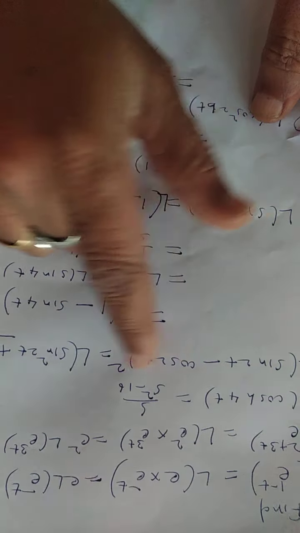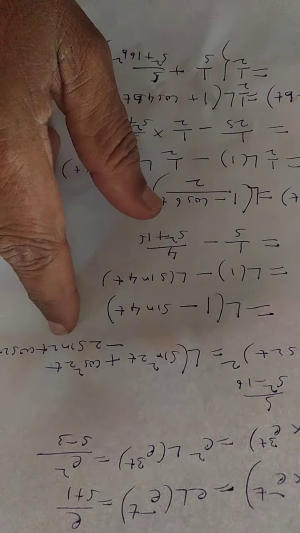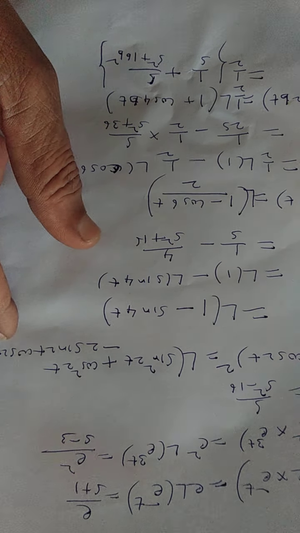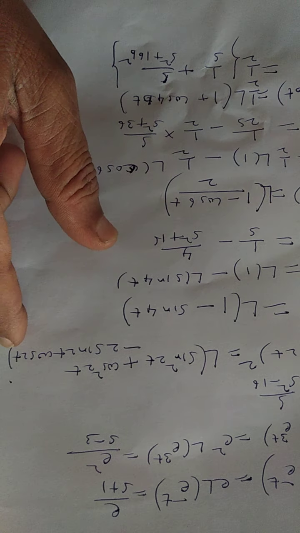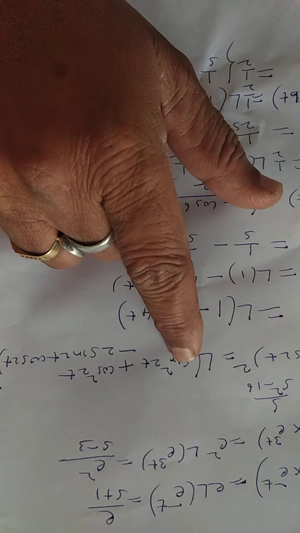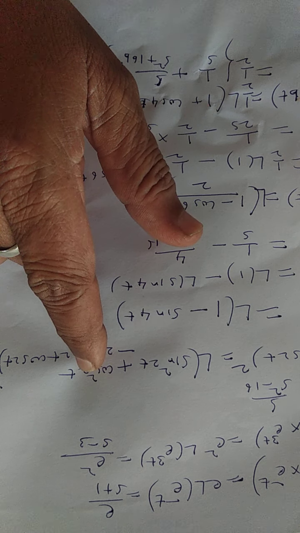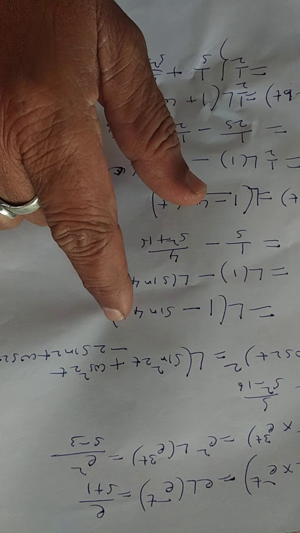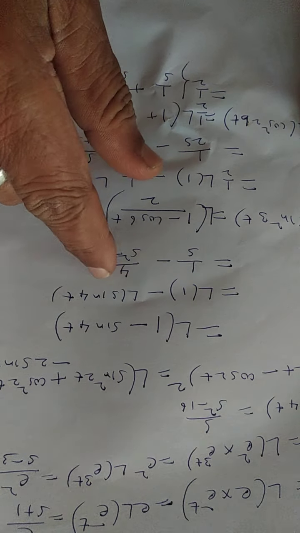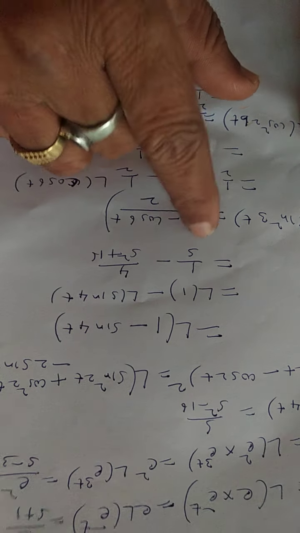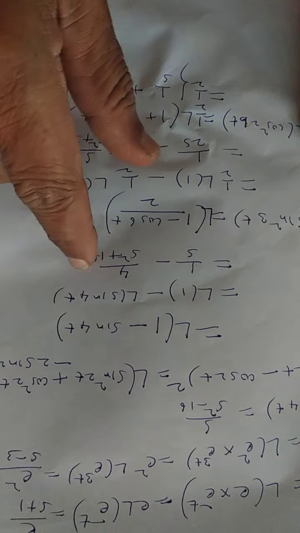Just square this. Sine square 2t plus cos square 2t minus 2 sine 2t cos 2t. But 2 sine 2t cos 2t is sine 4t, and sine square 2t plus cos square 2t is 1. So 1 minus sine 4t. Laplace of 1 minus sine 4t, that is Laplace of 1 minus Laplace of sine 4t: 1 upon s minus 4 upon s square plus 16.